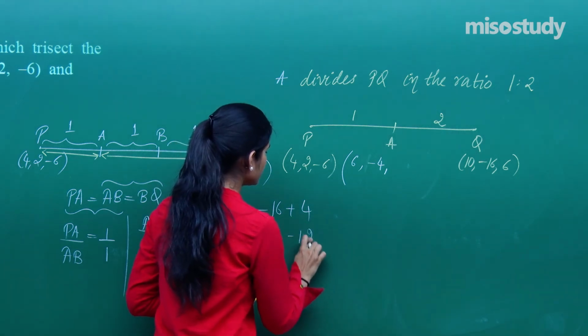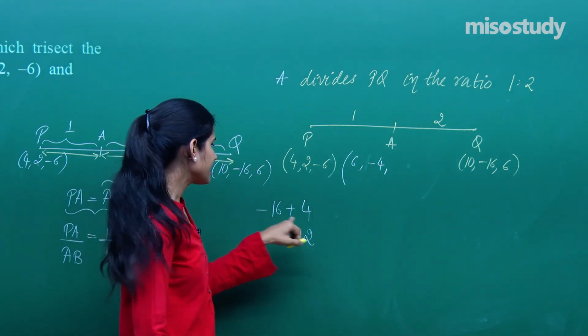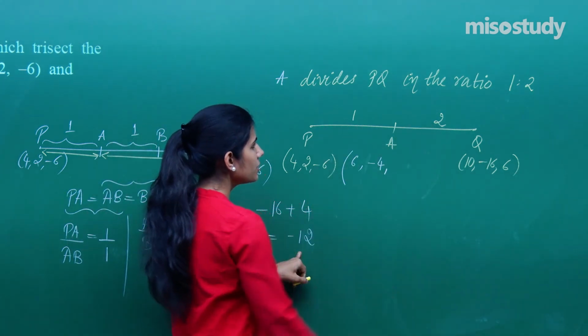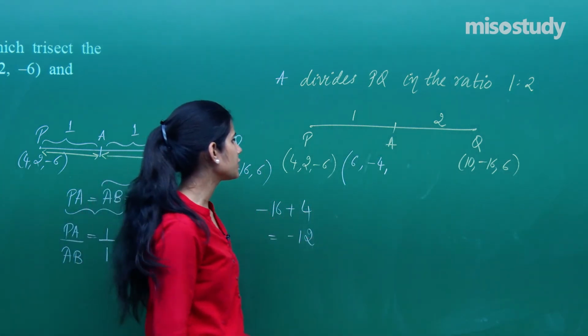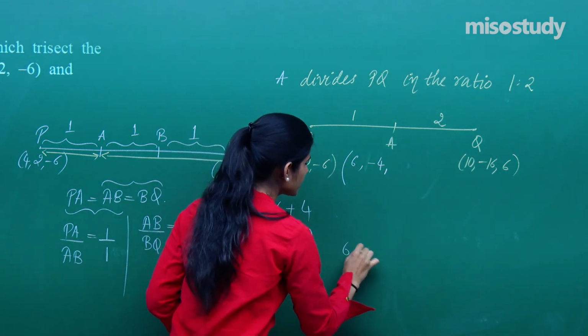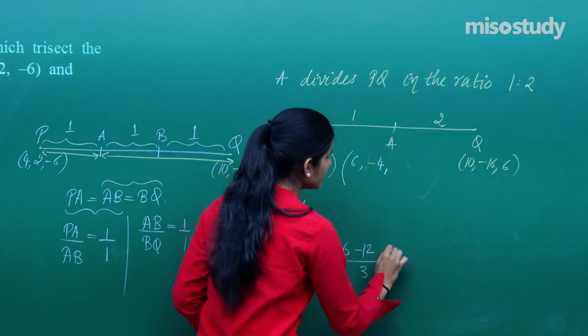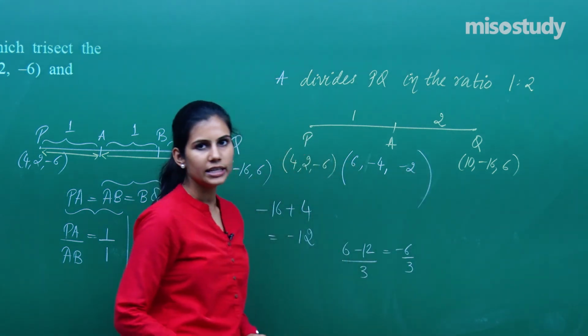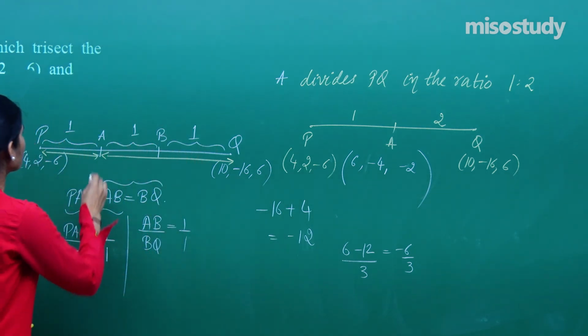Minus 16 plus 4 gives you minus 12, and when you divide by 2 plus 1, that is 3, it gives you minus 4. Then you have 6 minus 12 upon 3, that is minus 6 upon 3, which is minus 2. These are the coordinates of point A: 6, minus 4, minus 2.